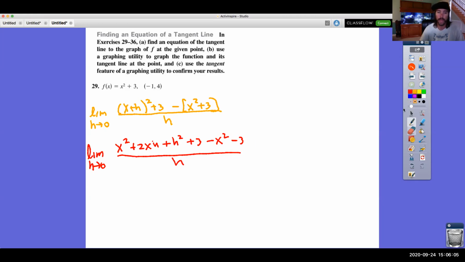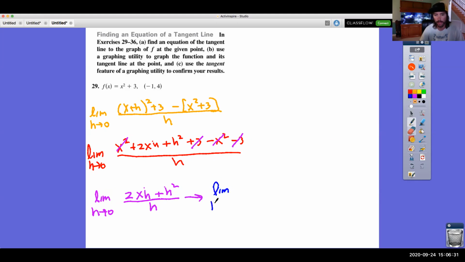Cancel, factor, evaluate. x squared and x squared cancel each other out. Plus 3 and minus 3 cancel each other out. Limit as h goes to 0. 2xh plus h squared is what's left, over h. Factor it.